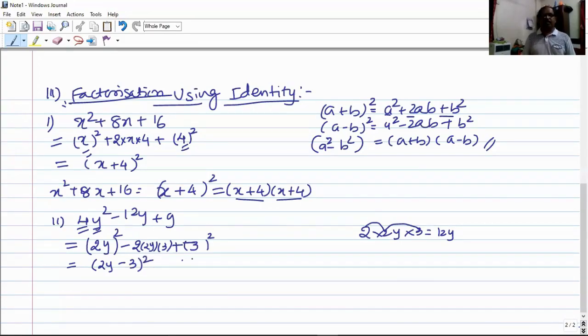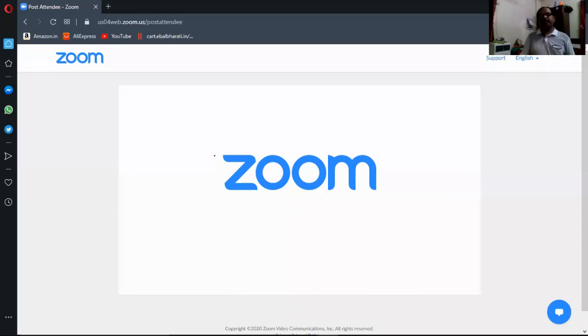Which identity have we applied here, students? We have applied (a minus b) the whole square, the identity given by a square minus 2ab plus b square. In the first example, we applied the identity (a plus b) the whole square, which is given by a square plus 2ab plus b square.